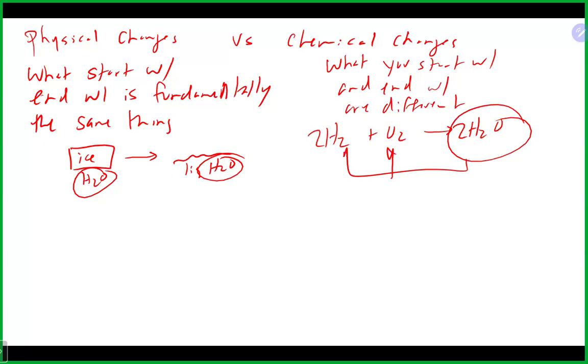You cannot get back the original components by any type of physical means. You could freeze the water, you could heat up the water. You will not get back the hydrogen gas or oxygen gas without some type of chemical change occurring. So that is the difference between a chemical change versus a physical change. And usually chemical changes are referred to as reactions or chemical reactions in that case.